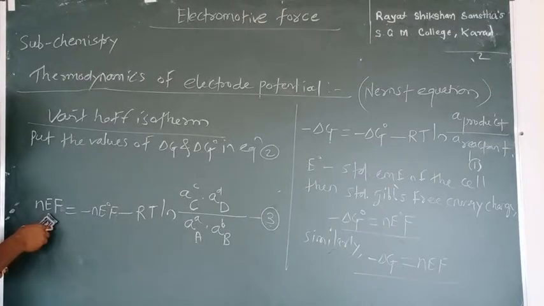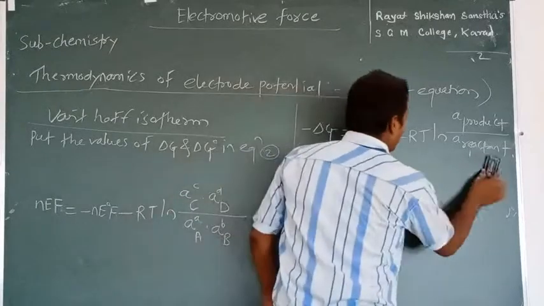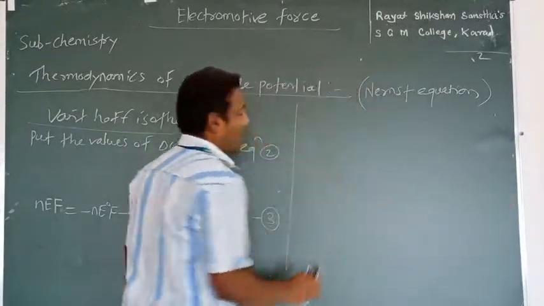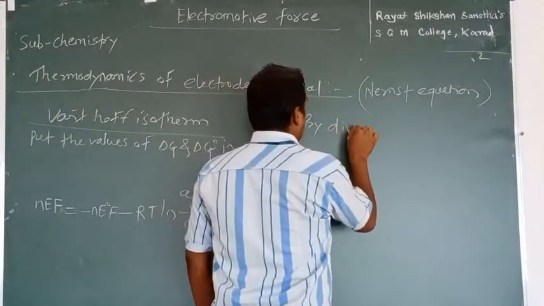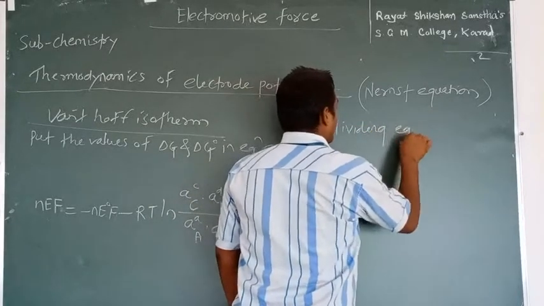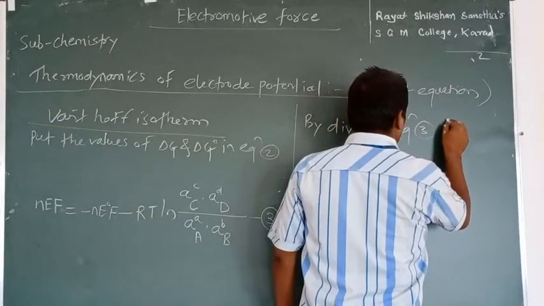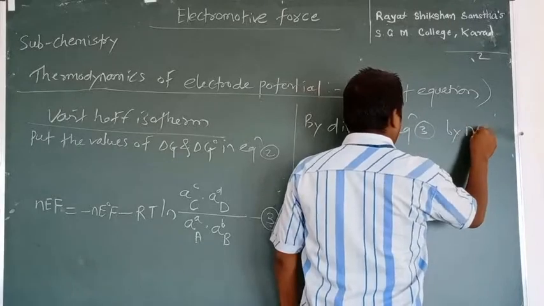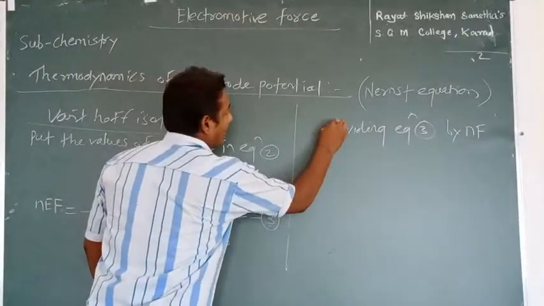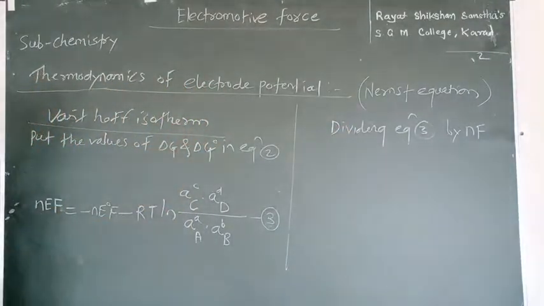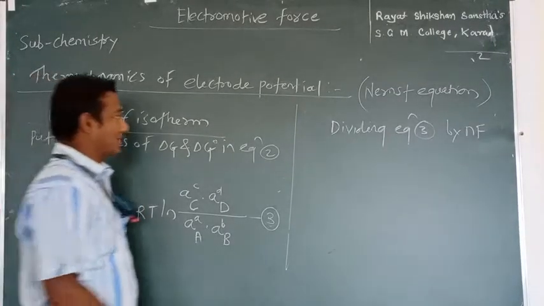So this is our equation 3. Moving forward, divide equation 3 by nF. तो इस इक्वेशन को nF से डिवाइड करो, what you will get after dividing?